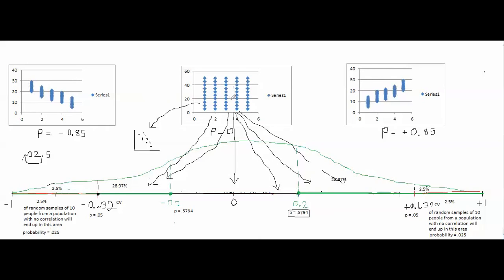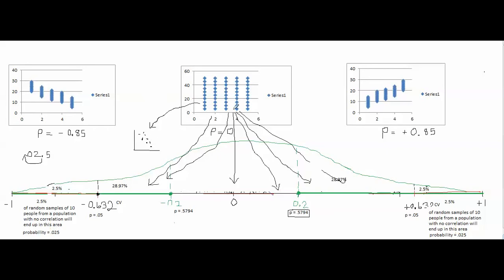So, in other words, the only way that a sample coming from this population could end up with a correlation out here in this area is if somehow a sample from this population ended up looking like this, and that's not likely to happen.